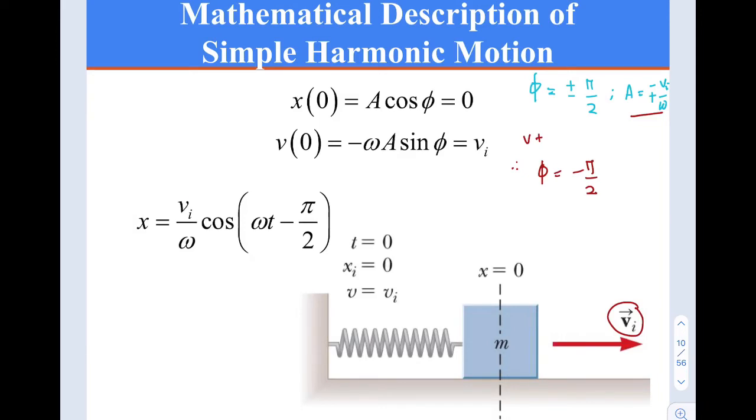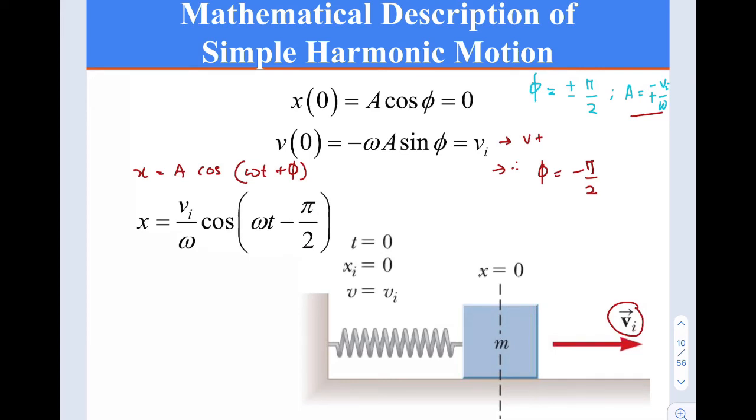The initial equation is A cos(omega t plus phi). Remember this. Based on this condition, we know that our initial V is positive. If the V is positive, then phi will be negative, opposite. See the sign, opposite. So that is how we know the phi is negative pi over 2.